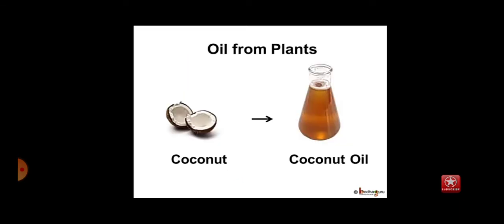You all must be familiar with the coconut oil. And if you're thinking that this oil is made up of coconut, then you are right. Like coconut oil, some other oils which we use for cooking are also made from plants.